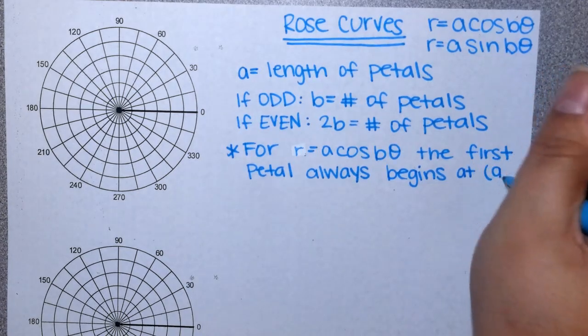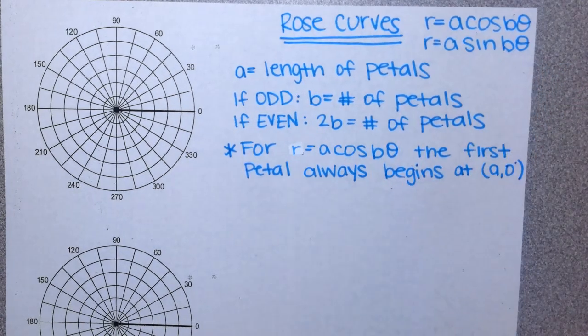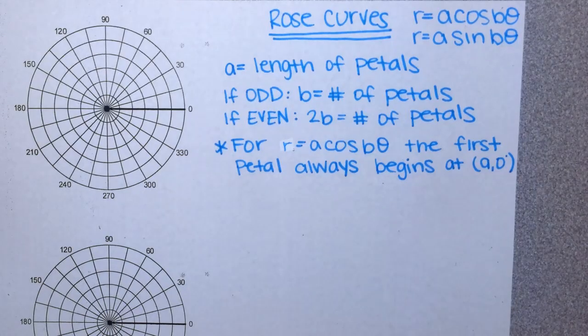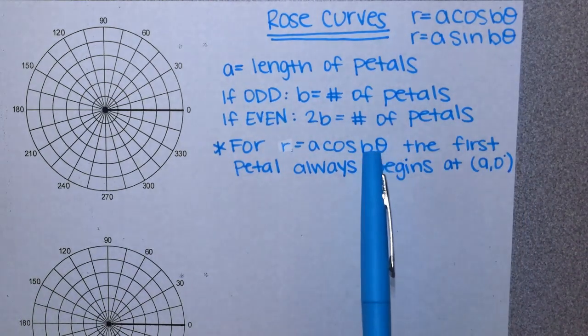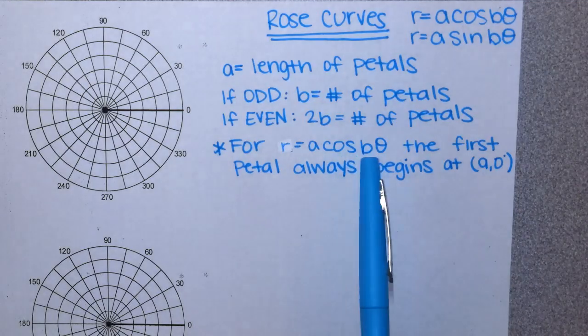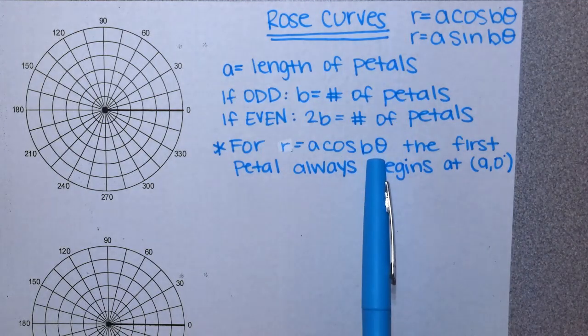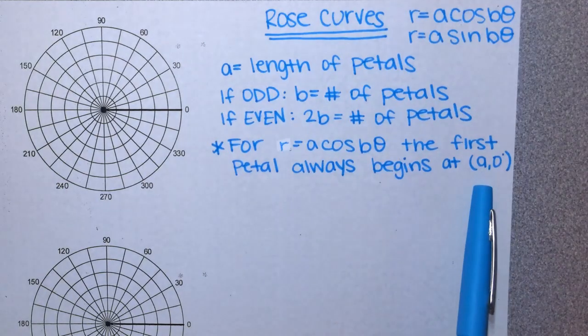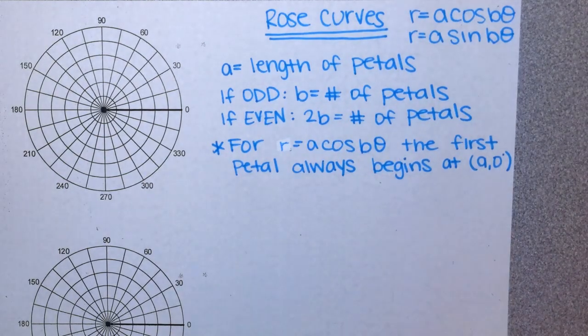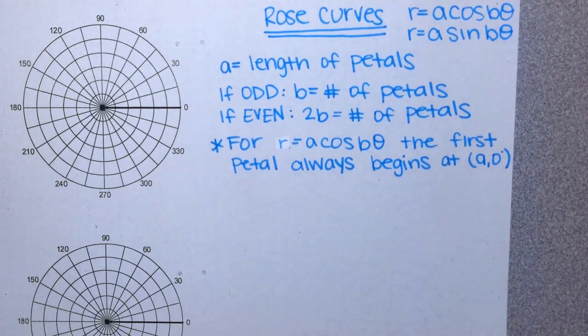At A, 0. Why? Because if I plug in 0 to here, what is 0 times any number? And what is the cosine of 0? No. 1. And what's 1 times A? A. That's why.